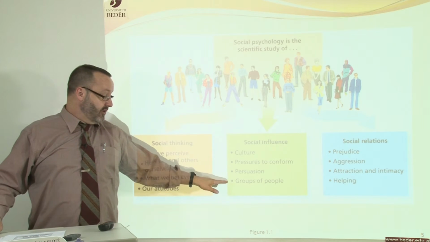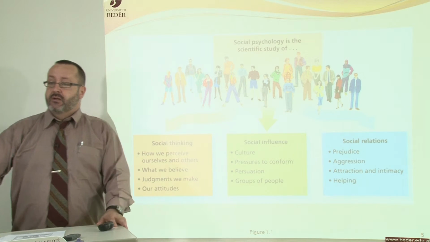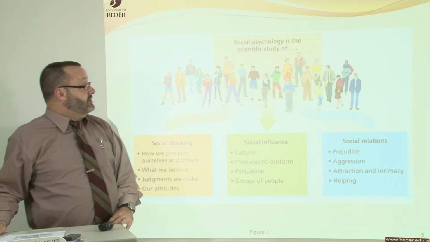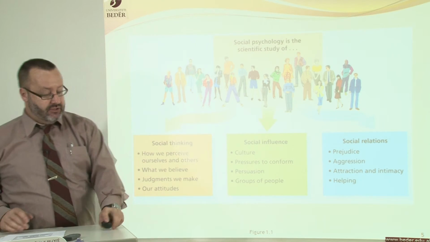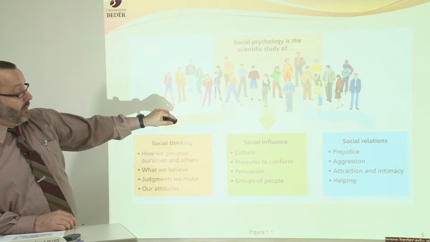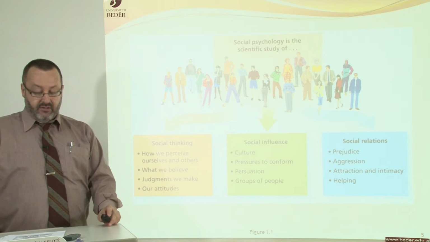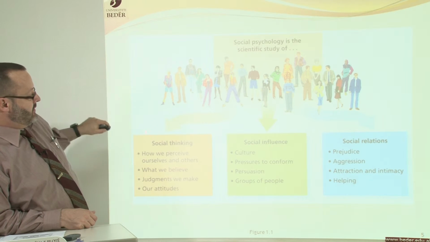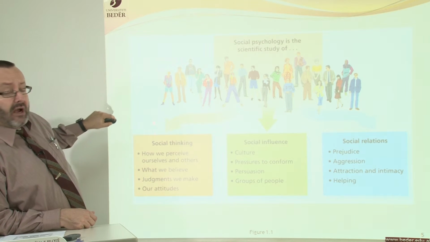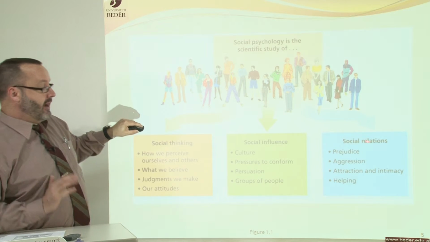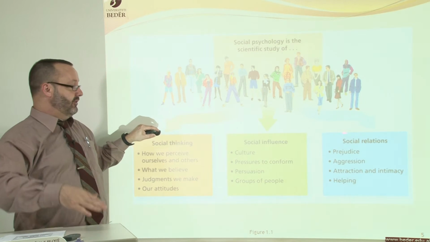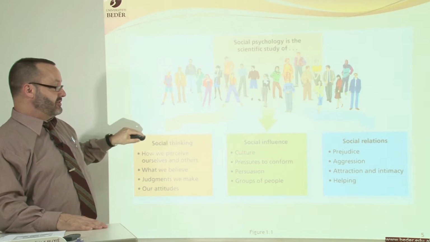And how we act when we are in groups. And then social psychology is the scientific study of social relations, all the way over here, which is our interaction with others as, how would we say, the product of the first two, the way we act out towards others after we've been influenced by others.